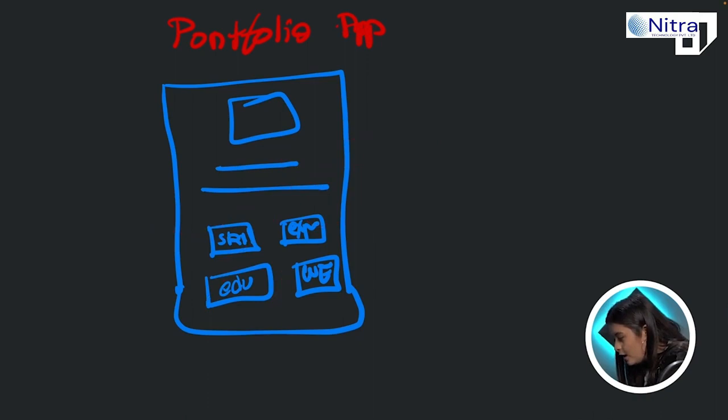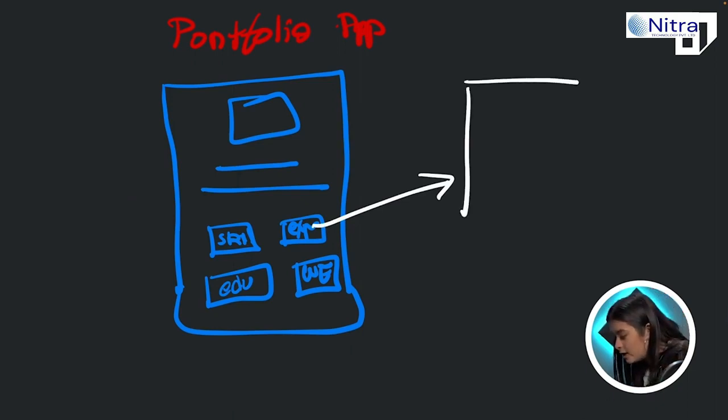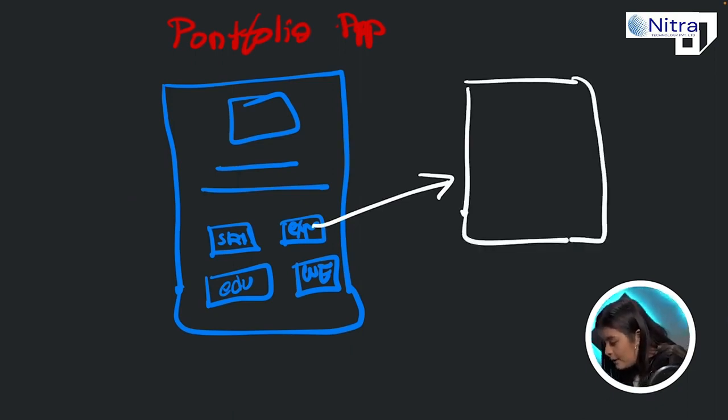Let's say you are clicking on work experience or your achievements, any button. A new page, a new activity will open up. In websites, whenever we click any button and open a page, that's a new web page, but in applications that is called a new activity, okay?